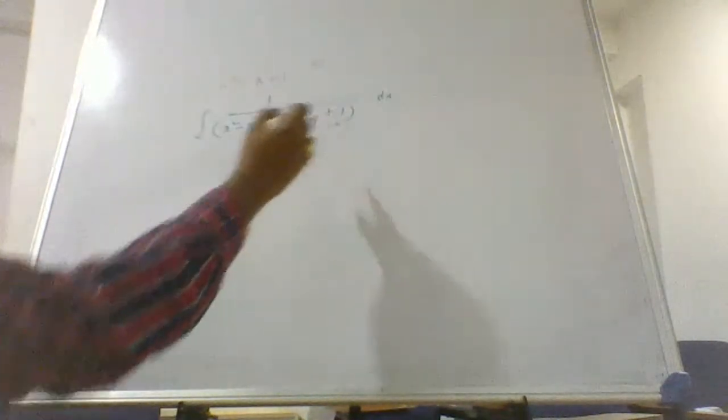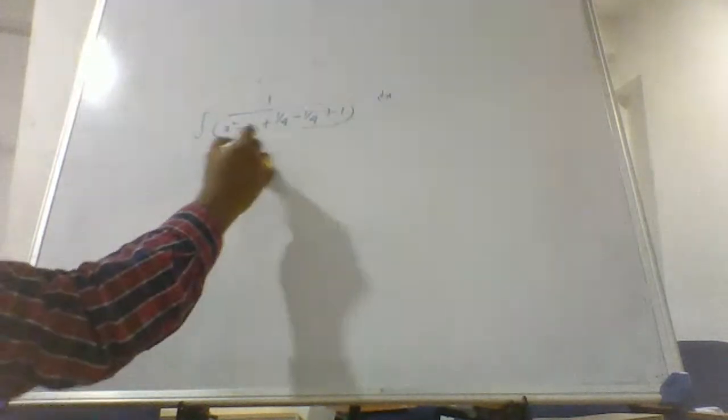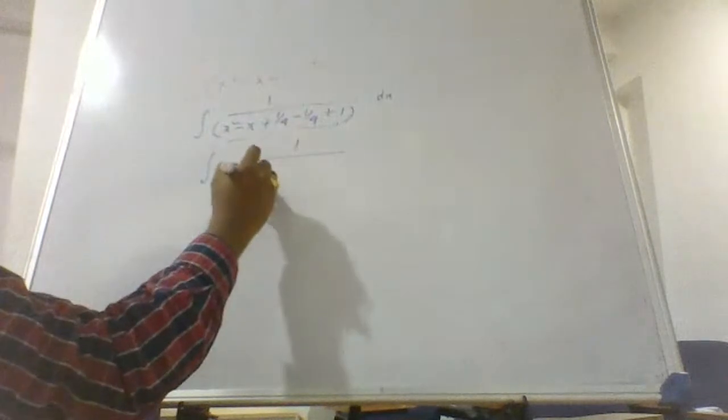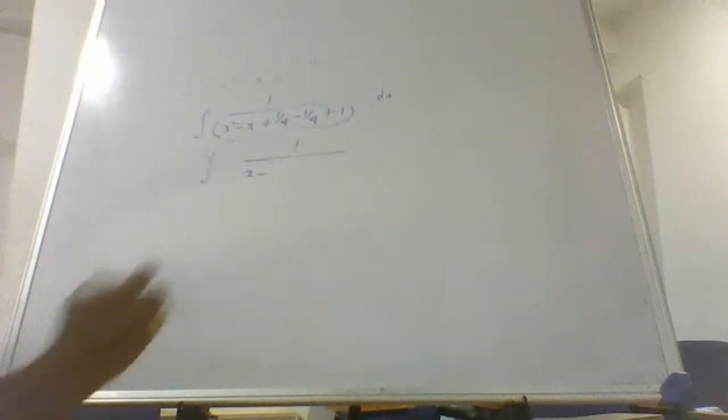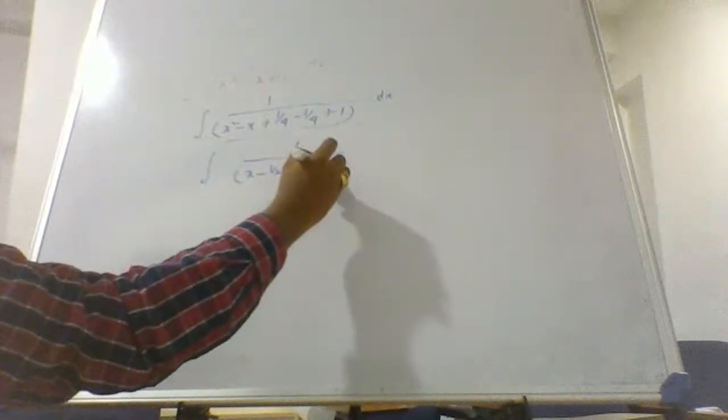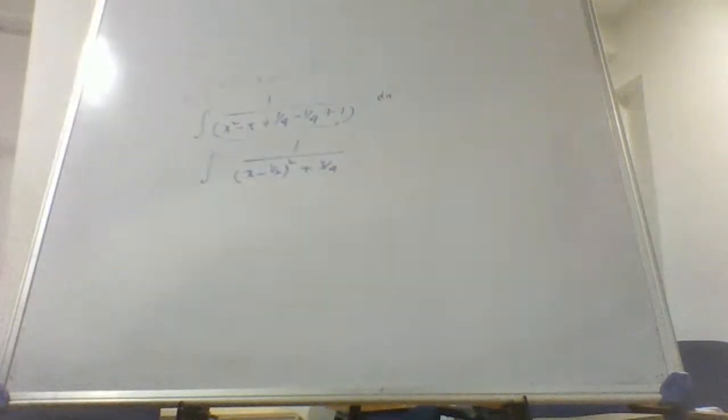Now I can write this part together and this one together. So this becomes (x minus 1 by 2) whole square plus 3 by 4, dx.